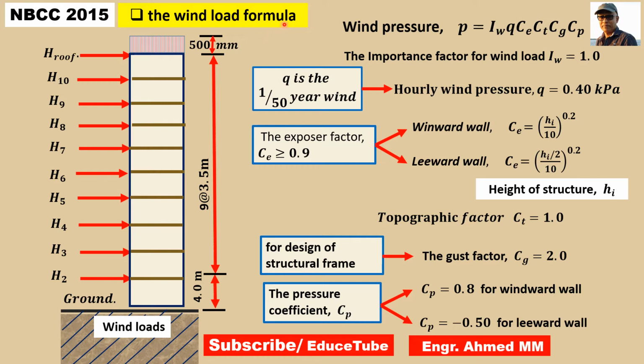So wind pressure P, here we can see the wind pressure formula. This is a specified external pressure acting statically and in a direction normal to the surface. We can see that it is normal to the surface.